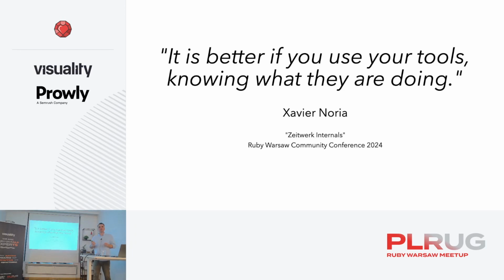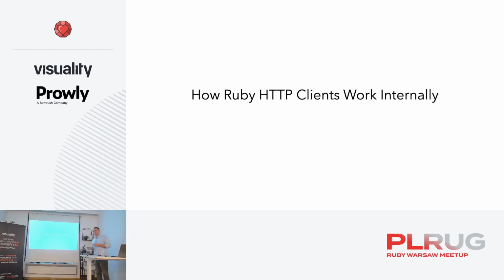And I went to this talk by Xavier a few months ago, and it got me very inspired. So Xavier explained how Zeitwerk works underneath. And I thought, I'll do the same for WebMock. I'll explain how WebMock works underneath. But to understand how, we first have to understand how HTTP clients live.